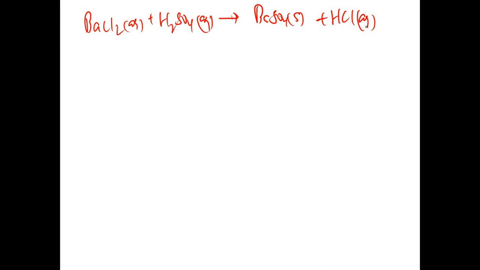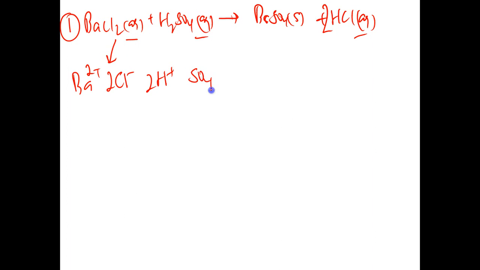So for the ionic equation, the first step is always to write the balanced chemical equation. The second step is to see which ones are aqueous, because those in aqueous state can dissociate into ions. So I have Ba2+, I have Cl-, and I have two of them. I have H+, two of them as well. I have SO4 2-. This one remains because this is the solid, and I have 2H+ here and 2Cl- here.